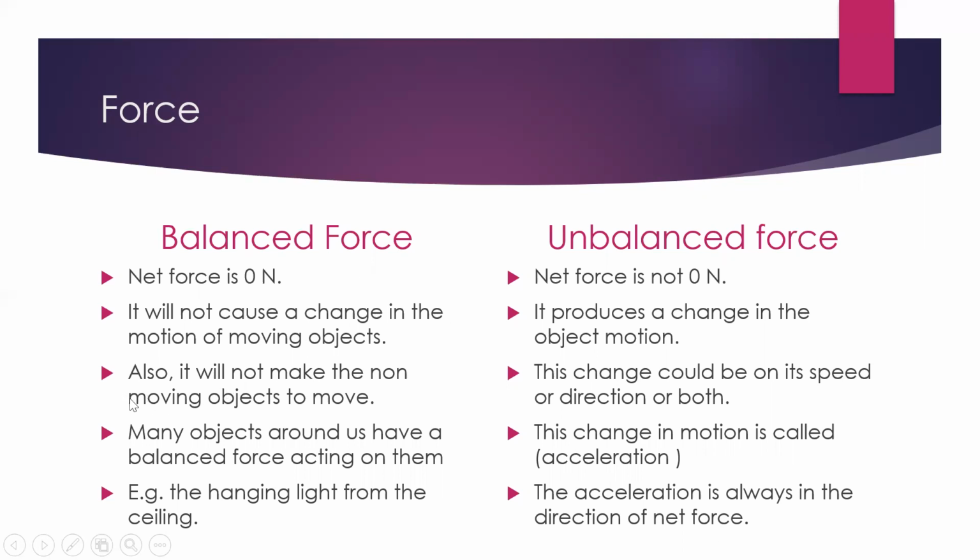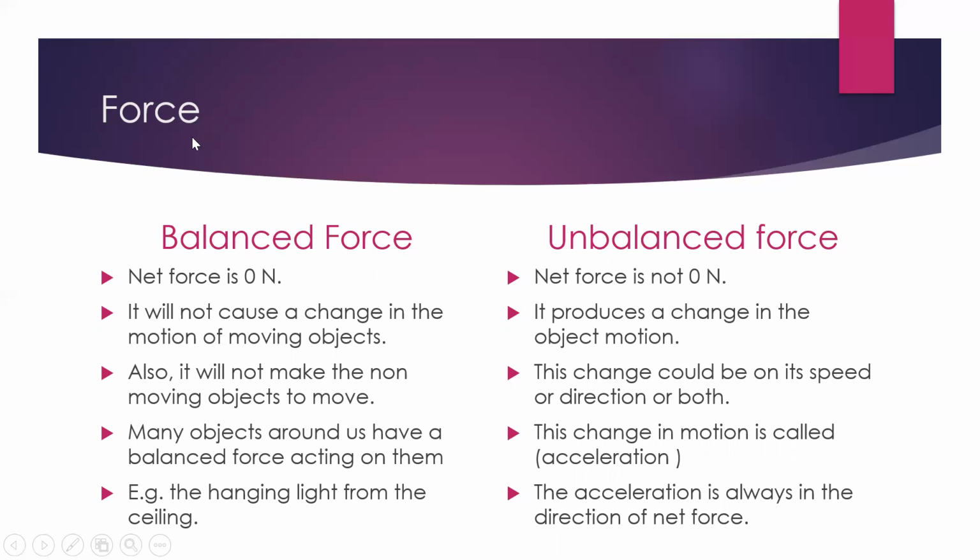Here, if we take an example, a light hanging from the ceiling will not be changed because gravity is pulling the lamp downward and the wire hanging the light is pulling it upward, so it will remain in its place. Many objects around us have balanced forces acting on them, and this is an example.